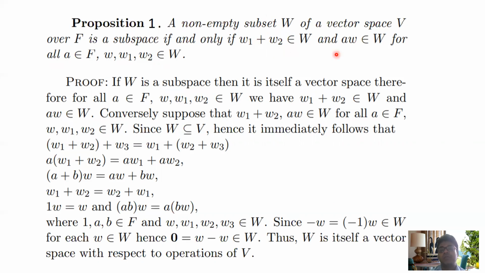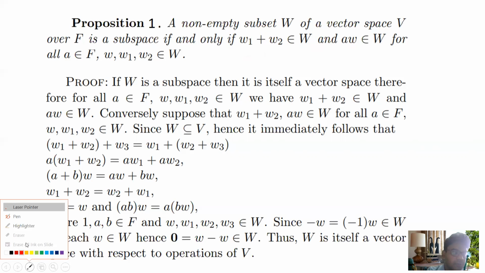If I combine these two, that is, a w1 plus b w2 belongs to V, then we can say this is also a subspace of V. So here you would have to prove two conditions.